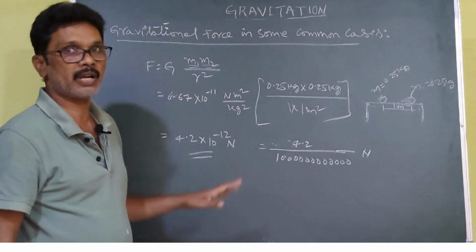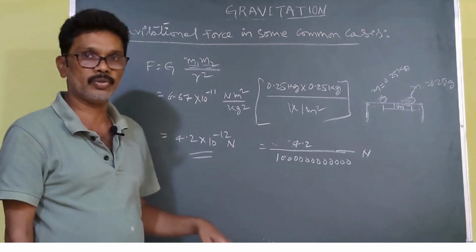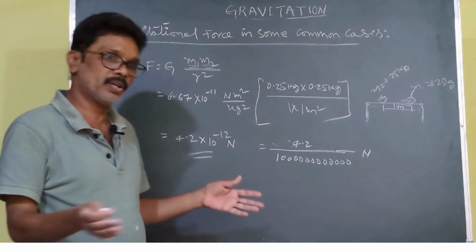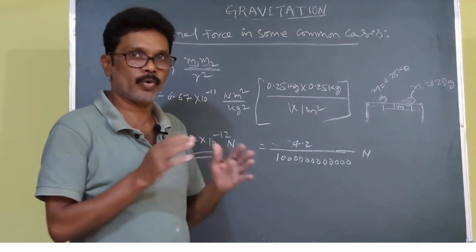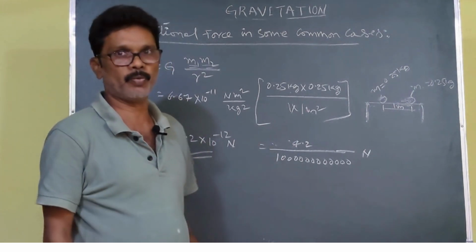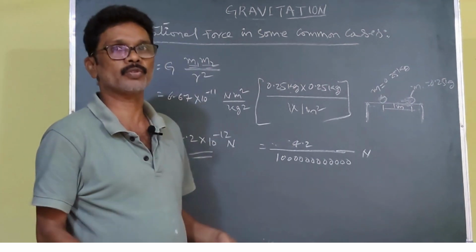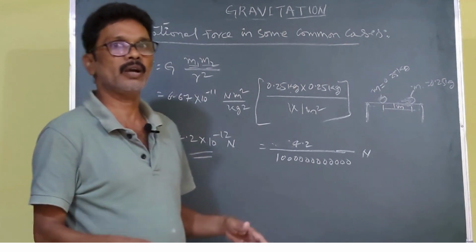So what we can understand is that on this planet there are several objects, and between any two of them a force exists, but it is very negligible, so we don't feel that force.